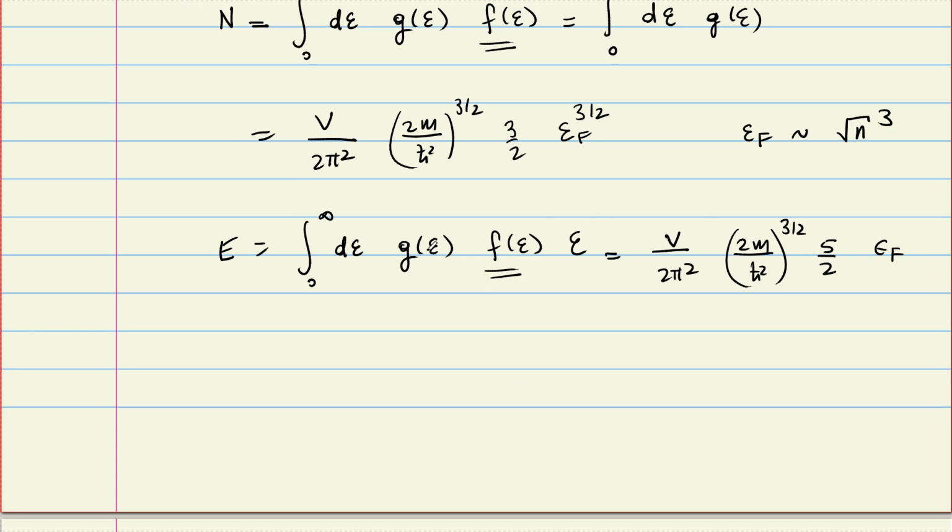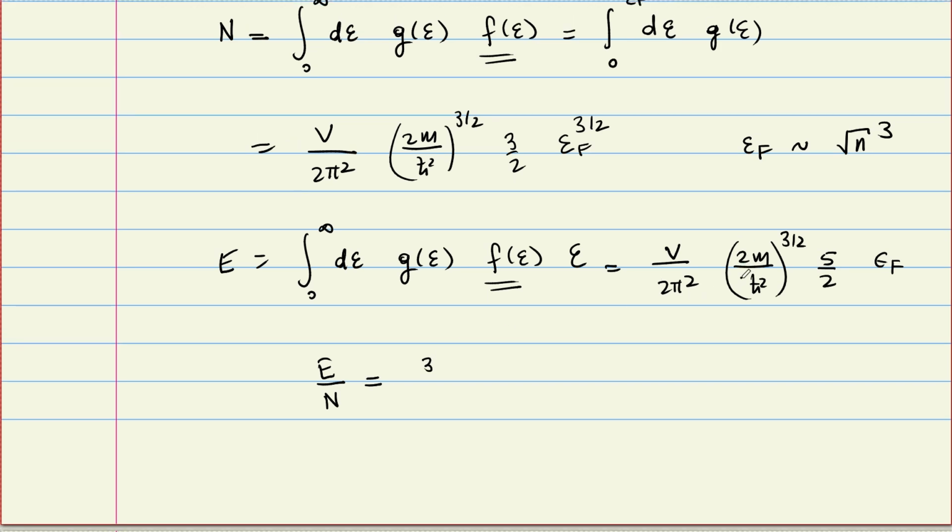So one thing you can find from these two, you can take E divided by n. The energy per particle is going to be, you can see everything is going to cancel, right? Volume, 2 pi, this 2m h bar squared, everything cancels.